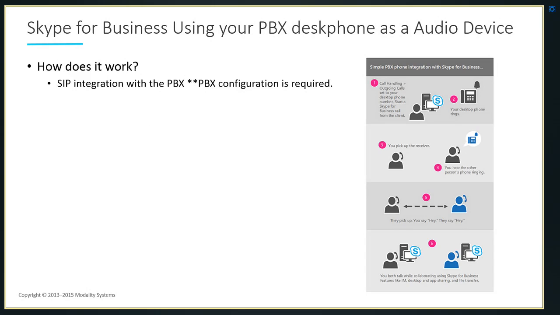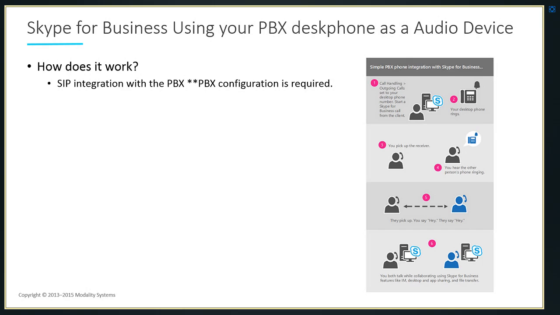At this point in time, there's no requirement on a certain version number on any PBX. So if you've got a Cisco estate or a Mitel or Nortel, there's no particular version required as long as it is SIP capable.